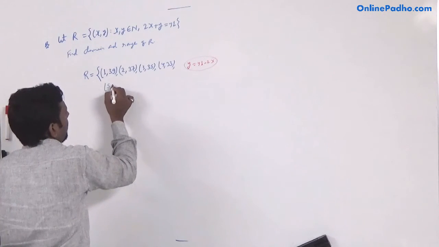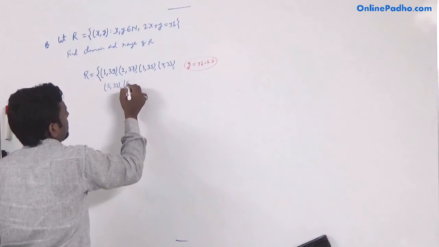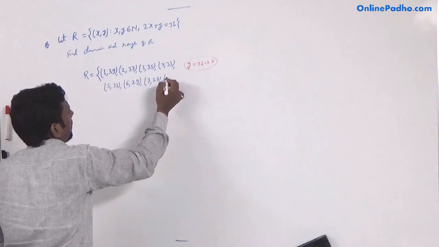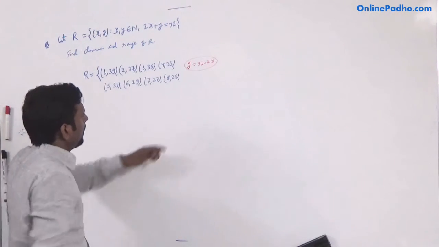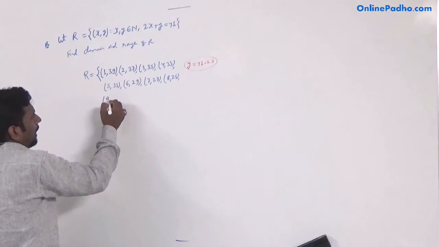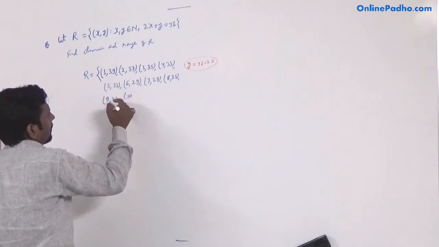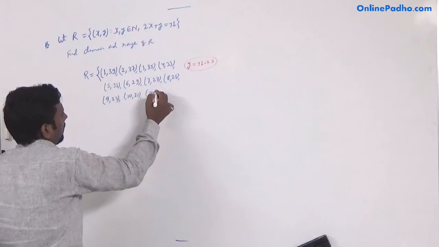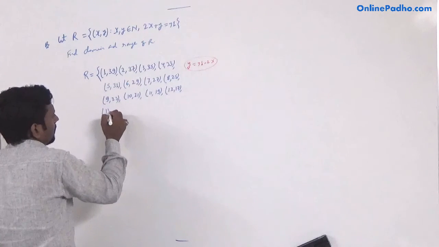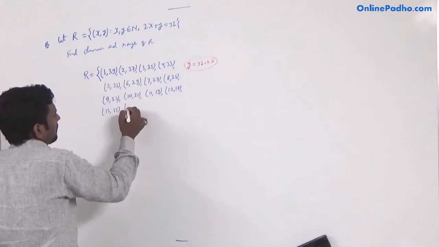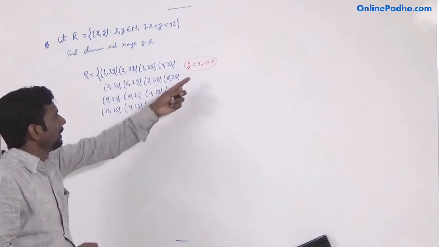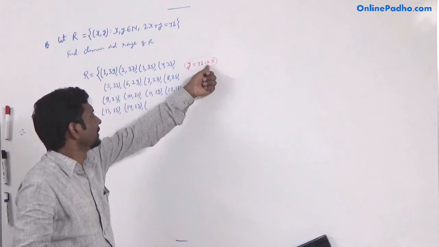Right? 5, 31. 6, 29. 7, 27. 8, 41 minus 16 is 25. 9, 23. 10, 21. 11, 19. 12, 17. 13, 15. 14, 41 minus 28, that becomes 13.